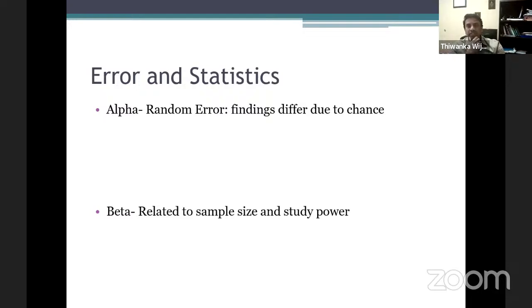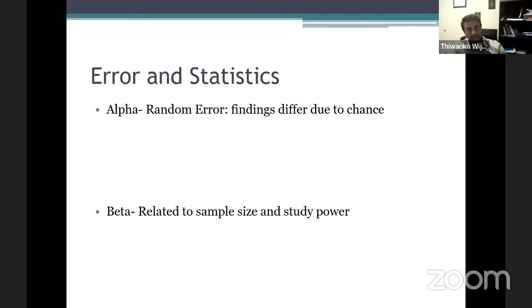So we are still in the second principle of internal validity. And when we talk about internal validity, there are two terms that come up when we look at errors in statistics. So errors can be an alpha error and a beta error. I know at some point, I'm sure you all have heard these terms, but I'm going to oversimplify this. When we do a statistical analysis, sometimes when there is no difference in the two groups, we still identify a difference, and that's called a false positive or alpha error.